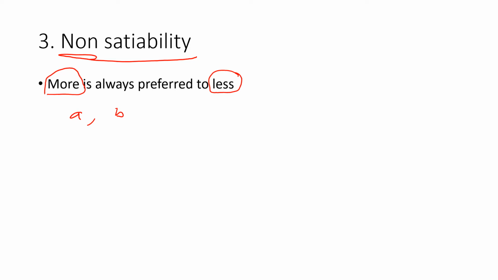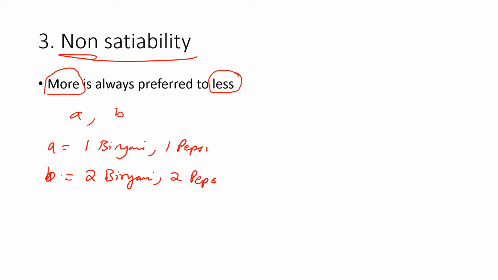Let's say bundle A consists of one biryani and one Pepsi. Bundle B consists of two biryani and two Pepsi. So a rational consumer will always prefer bundle B to bundle A.